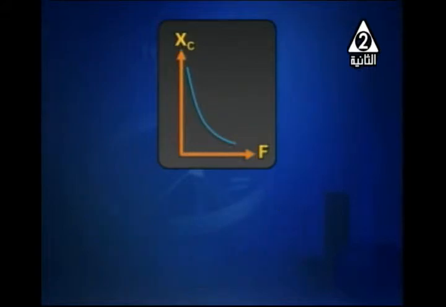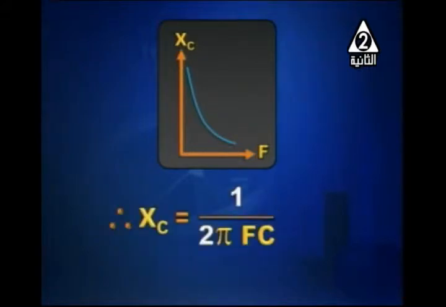So XC equals 1 over 2 pi f C. It is shown in front of you the relation between capacitive reactance and frequency. It is an inverse relation.